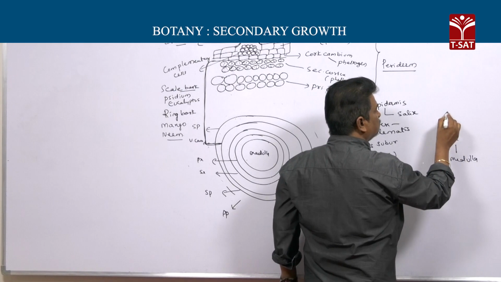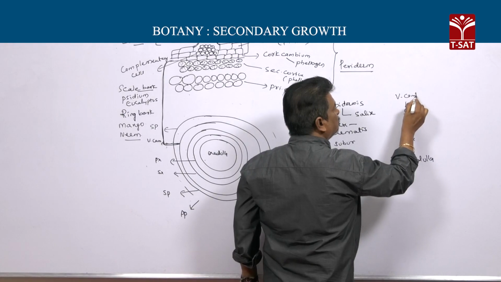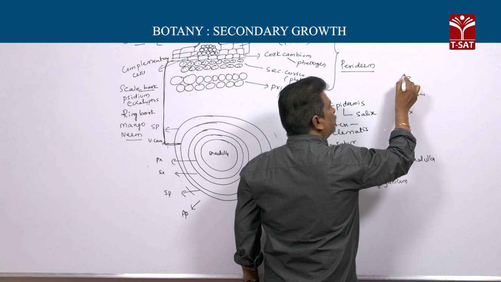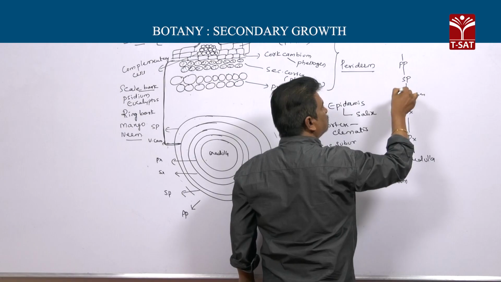Outside the vascular cambium is secondary phloem; generally primary phloem is crushed or present as patches.